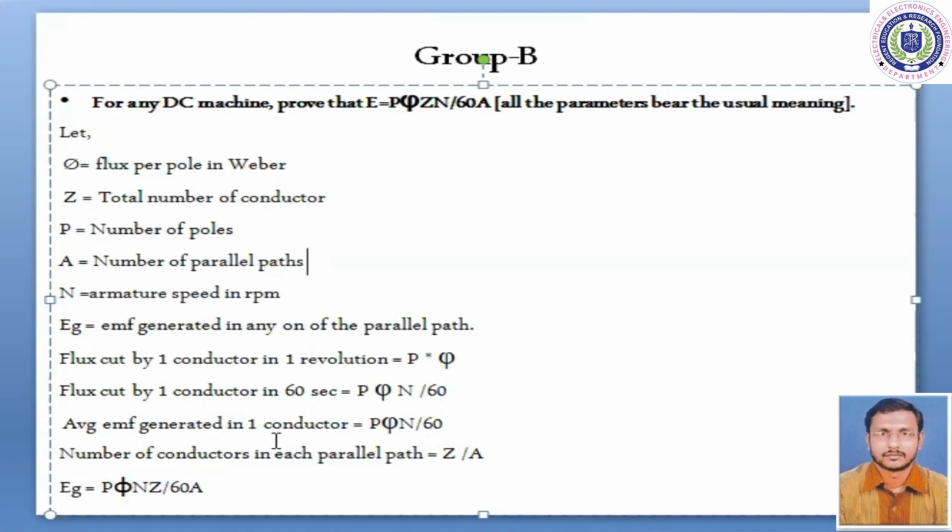The average EMF generated in one conductor is PΦN by 60, and the total number of conductors in each parallel path is Z by A. So the value of EG is PΦNZ by 60A. So finally we have developed the EMF equation of the DC machine.